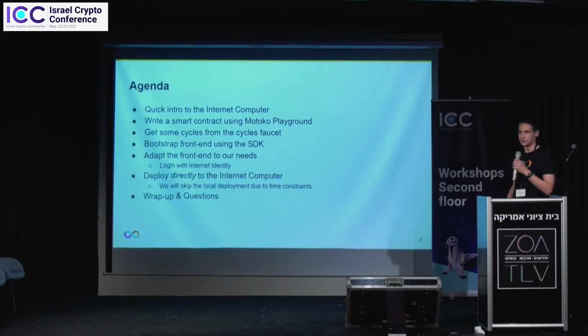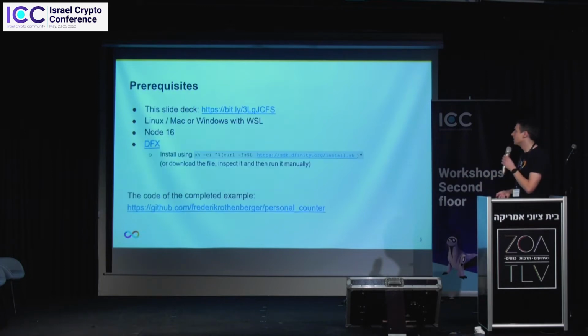And then, since we're a little bit strapped for time in this hour, we will deploy directly to production, directly to the internet computer, as any responsible software engineer would, right? And then we will wrap up and maybe answer some questions, and I'll give some hints to other resources and documentation. And yeah, so let's get started.